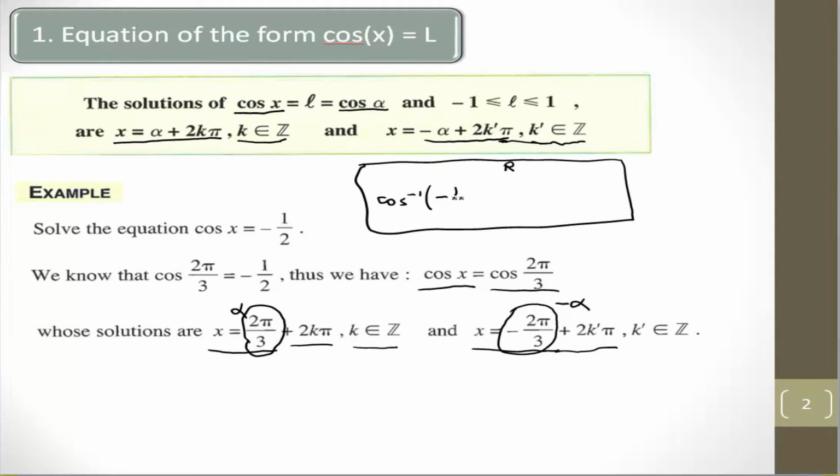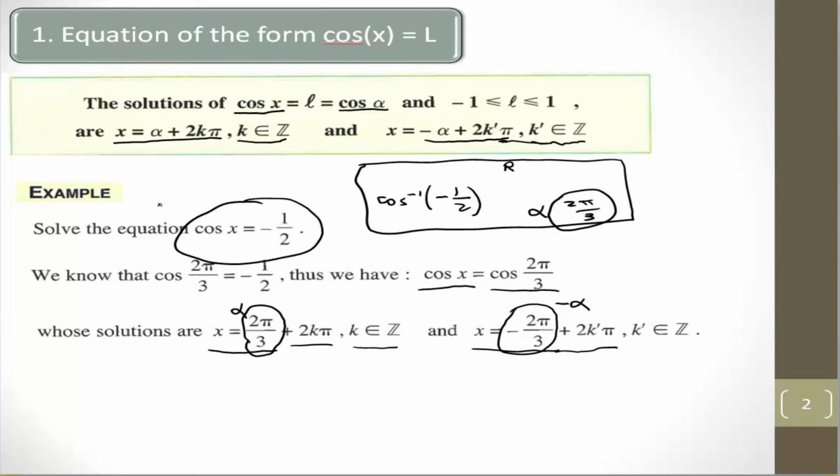The calculator should show 2 pi over 3. So 2 pi over 3 is the alpha, and we write x equals alpha plus 2k pi, which is 2 pi over 3 plus 2k pi, and x equals minus alpha plus 2k prime pi, which is minus 2 pi over 3 plus 2k prime pi. That's it. So an equation of this form has two solutions.